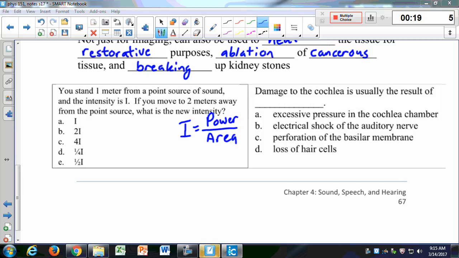And so if I have my source of sound here, I'm 1 meter from it. The intensity is a certain amount, or 2 meters rather. What happens if I move to 2 meters away from that source of sound? What happens to the intensity? Is it the same? Is it twice, 4 times, a quarter, or half the original intensity?